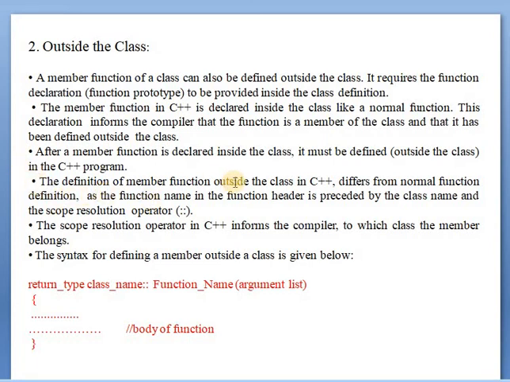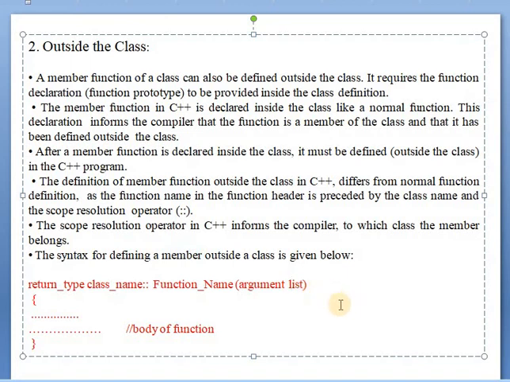After a member function is declared inside, it may be defined outside in the program. The definition of a member function outside the class in C++ differs from a normal function definition, as the function name in the function header is preceded by the class name and the scope resolution operator. So see here, the body of the function is the same, because the logic is the same. What is the main difference? If you want to define a member function inside the class, there is no need of a declaration of that function anywhere.